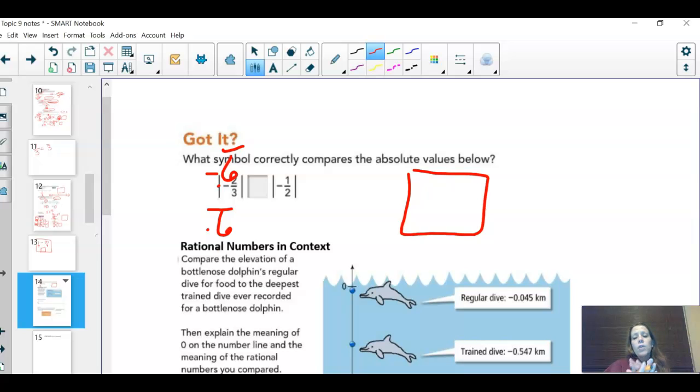Y este es porque tú tienes esto con unos de los ejemplos en tu libro en la primera página. That's why you have this one, negative 2/3, in your book on the first page. Okay, this one is negative 0.5, which is simply 5/10. So this one's bigger.